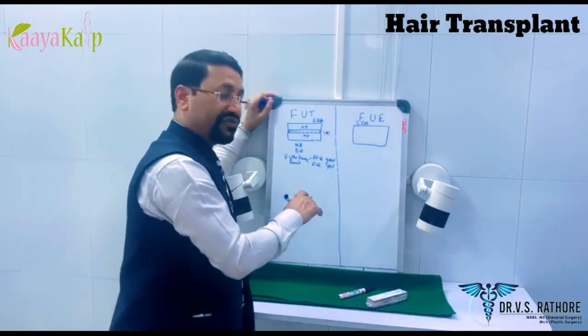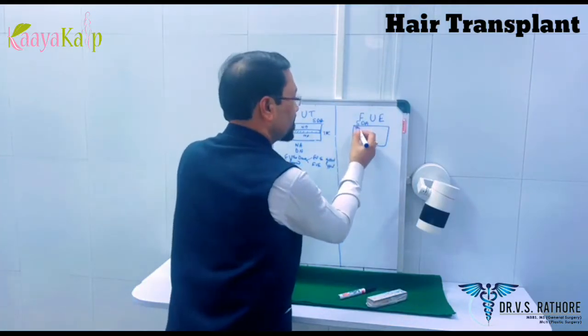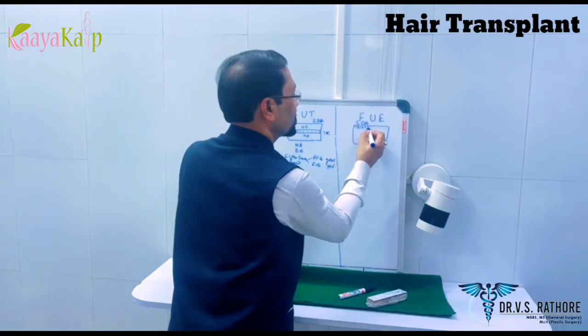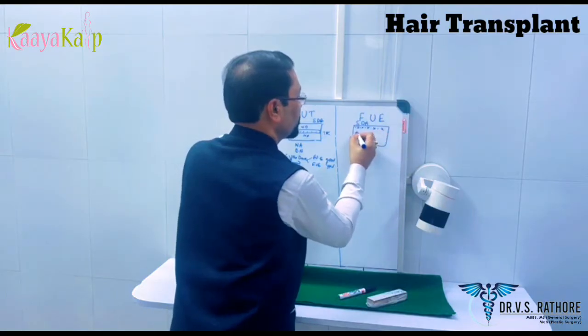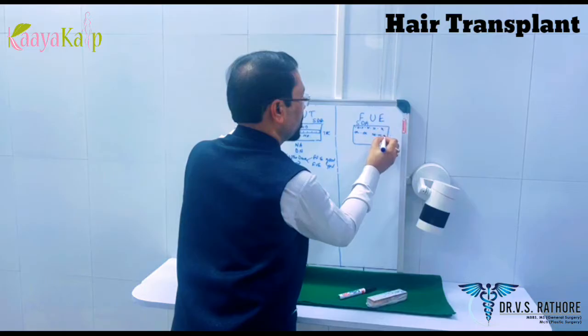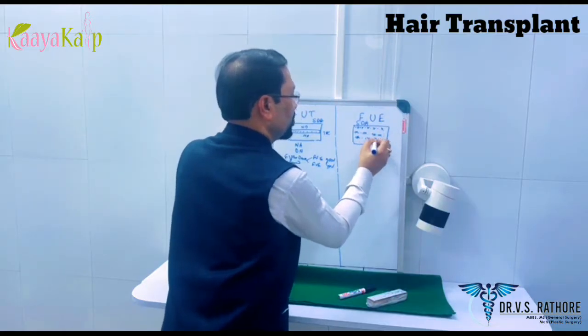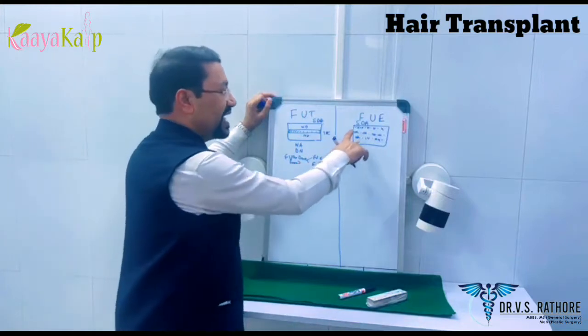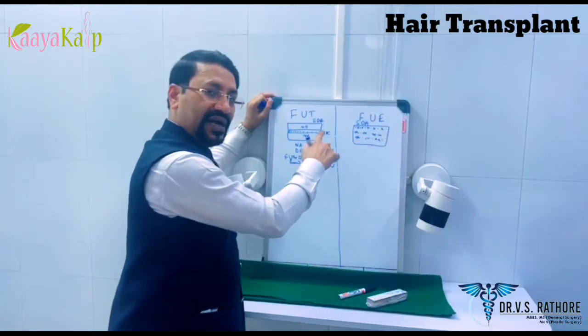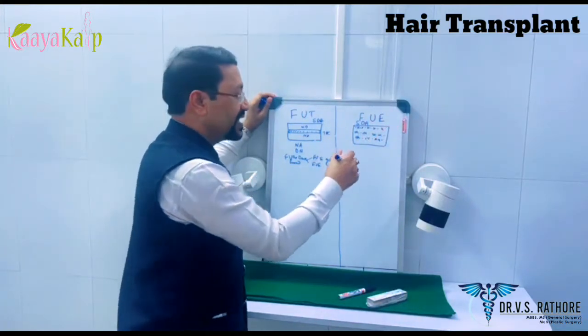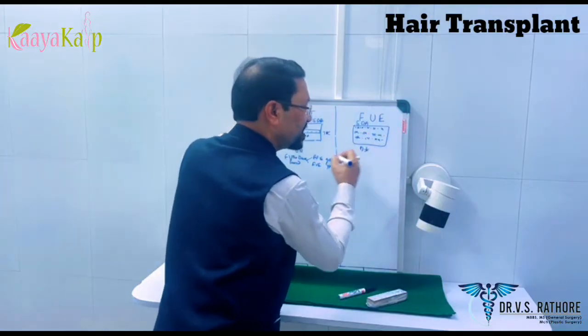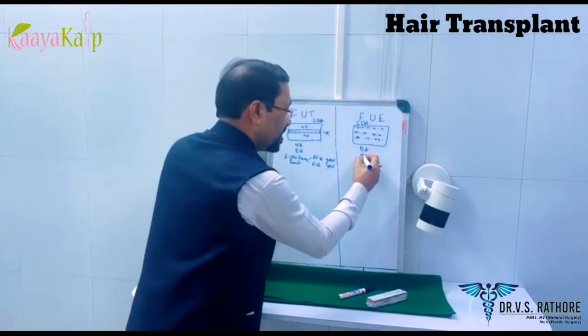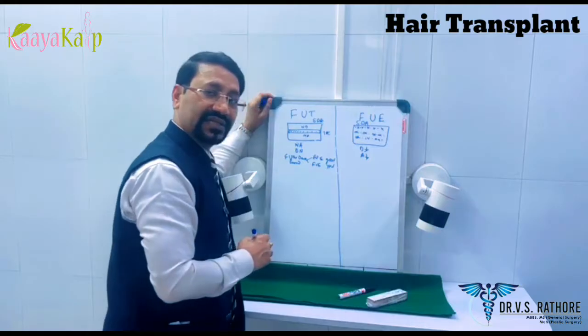While in case of FUE, from the same fixed area, alternate hair is drilled out. So this is what is in FUE. That means in the entire area I am taking alternate hair. That means here the density is getting decreased. Similarly, the appearance is also getting decreased.